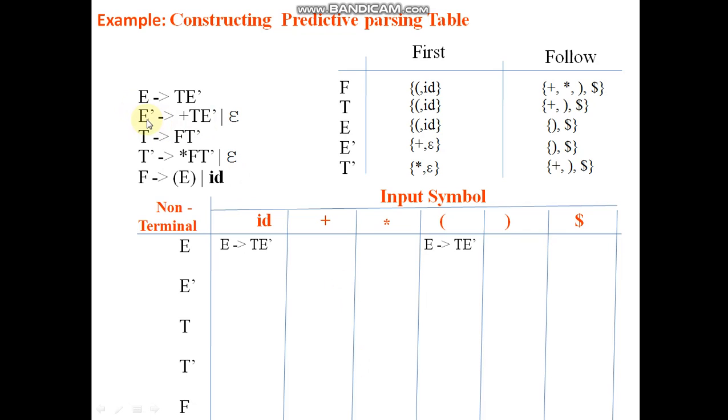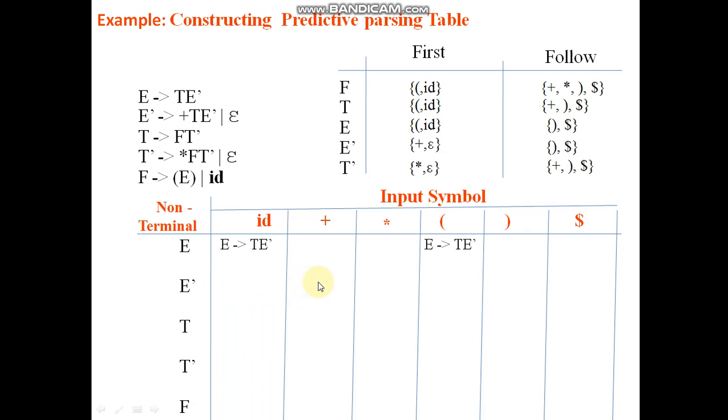Now the second row is for the non-terminal capital E dash. There are two productions of capital E dash: E dash gives plus T E dash, and the second production is the null production, E dash gives epsilon. Where do we insert the first production, E dash gives plus T E dash?